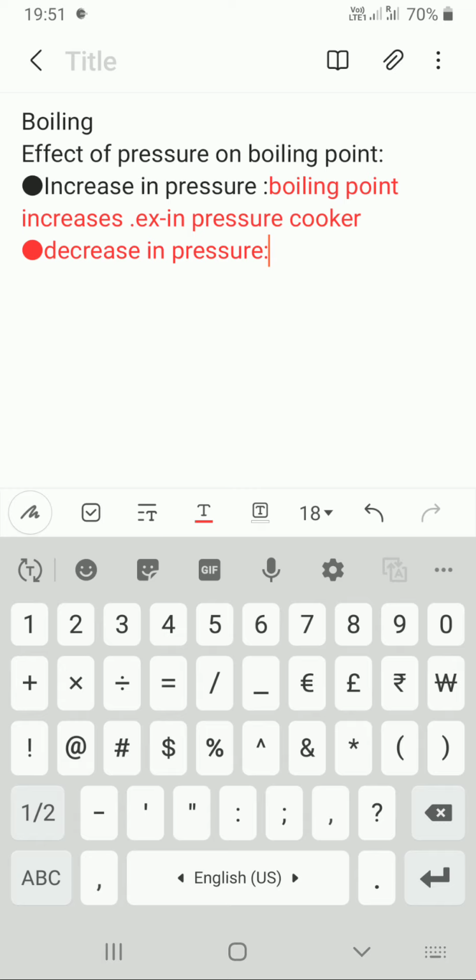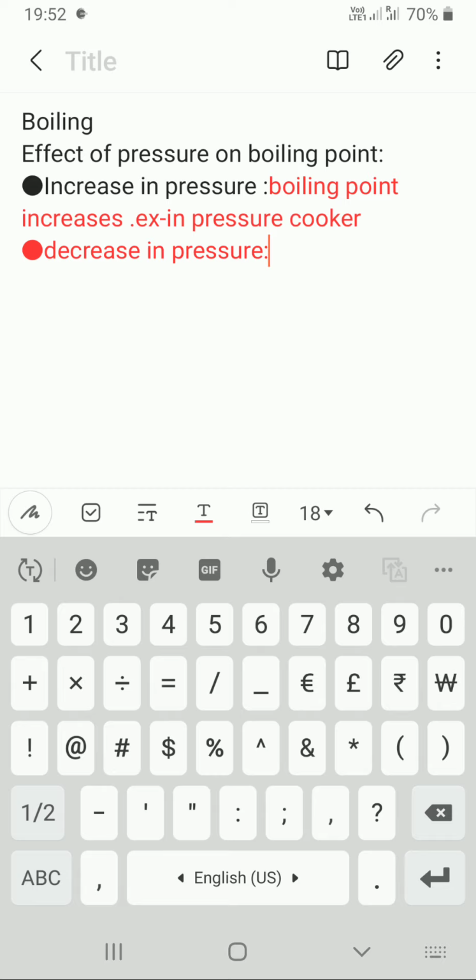Therefore at these places water boils at a temperature lower than 100 degrees Celsius, which is problematic for cooking. When water boils below 100 degrees centigrade, the vegetables and other materials don't get proper heat energy, so they can't be cooked properly. It becomes very difficult and takes a much longer time.